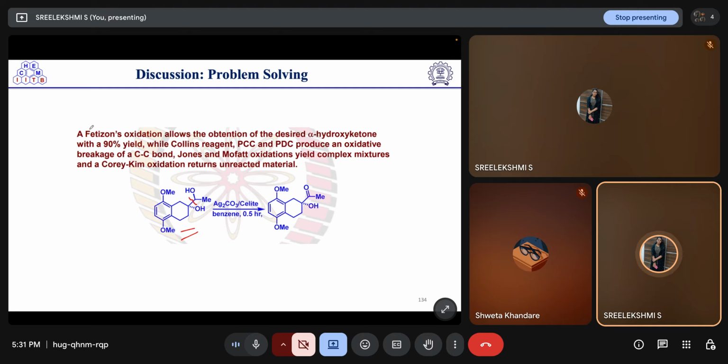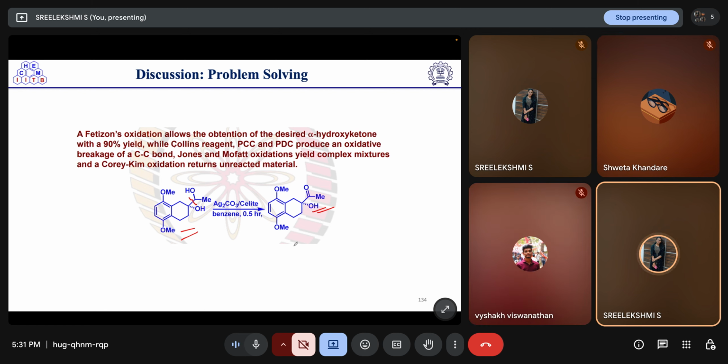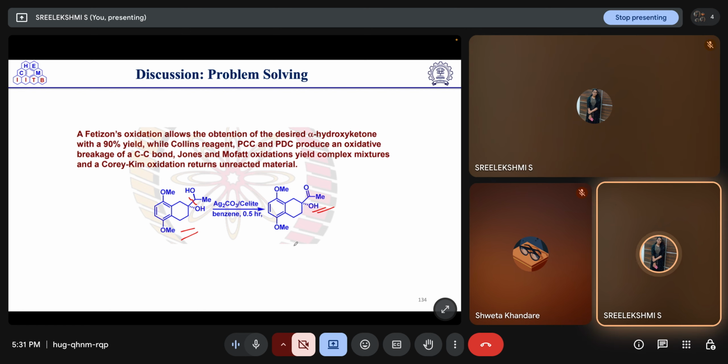But in the case of Fetizon's reagent, what they got was that only this alcohol reacted, and this remained untouched. Of course, it is tertiary, but rather than getting the carbon-carbon bond cleavage product which they got with other reagents, here they could oxidize this hydroxyl group without cleaving this carbon-carbon bond. This indicates that the reaction is under mild conditions and is very suitable for such transformations where other reagents can give a mixture of products.